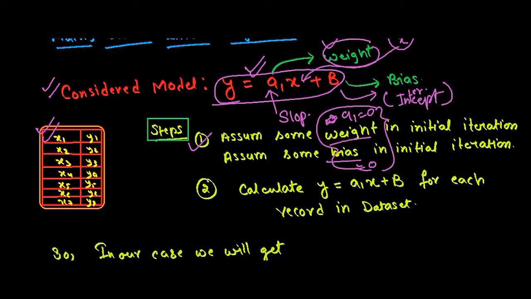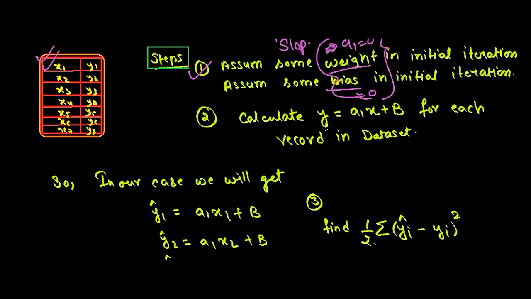Okay, and after that you basically calculate the value of y using our model for each and every record. Okay, for each and every independent variable value we find the value of our dependent variable. So if our data set is like x1 y1, x2 y2, x3 y3, and these are the entries of our data set, then we'll use all these values of the independent variable x1, x2, x3 and so on, and we'll try to find the value of y.